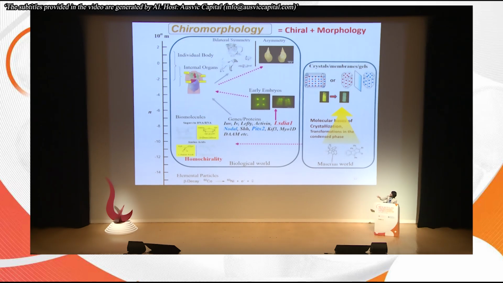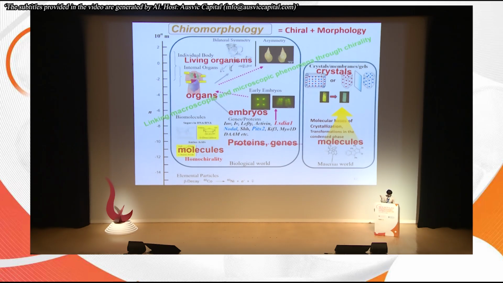And going down to the inside organs and cells and proteins, DNAs, etc. So what I say is living organism, organs, embryos, proteins, genes, and here are molecules, and how these macroscopic things create these macroscopic chiral objects is something I want to understand. So, linking macroscopic and microscopic phenomena through chirality to understand the mechanism.